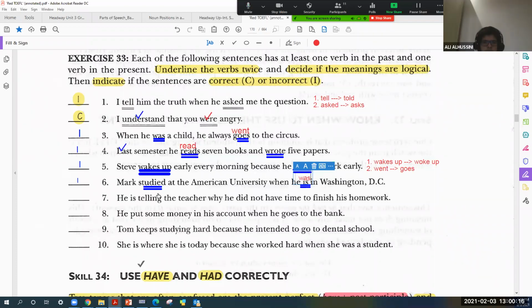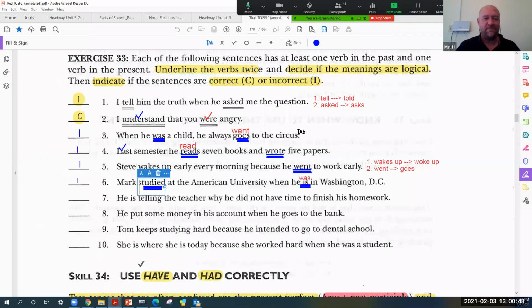It's better to say Mark studies at American University in Washington, not when he is. I wouldn't change the first one. It sounds a bit strange, like only when you're in Washington is the only time you study at the university.